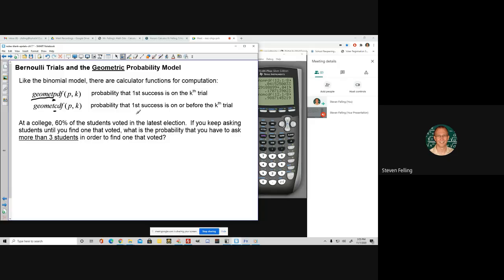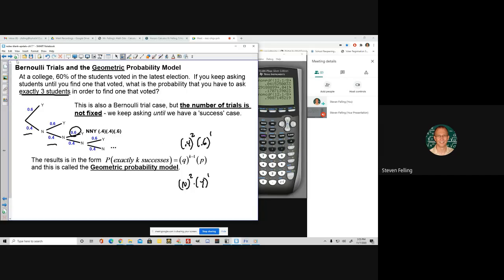So let's look at some specific examples, right? If I wanted to do this problem over here, let's make a little model. X represents which student is the first to vote that we encounter, okay?